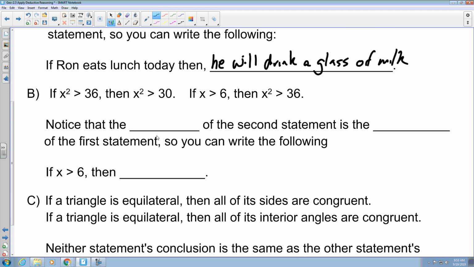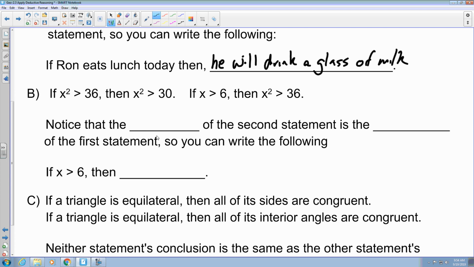Now, if x squared is greater than 36, then x squared is greater than 30. If x is greater than 6, then x squared is greater than 36.